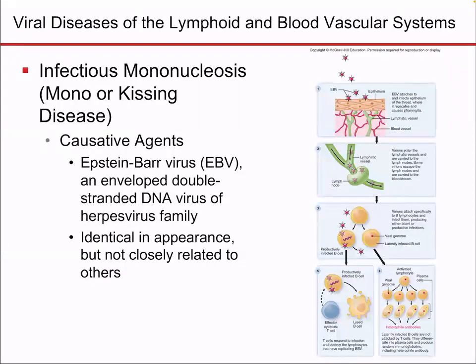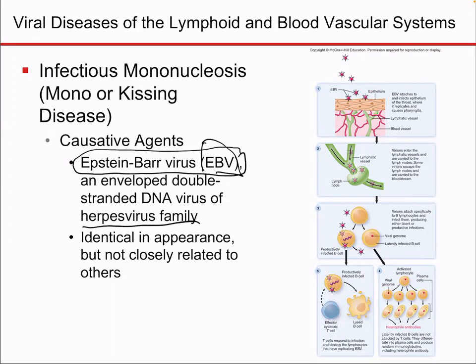Let's now go and talk about a virus that targets the lymphoid system. And the virus that we're talking about here is the Epstein-Barr virus, or EBV. This is a type of herpes virus.